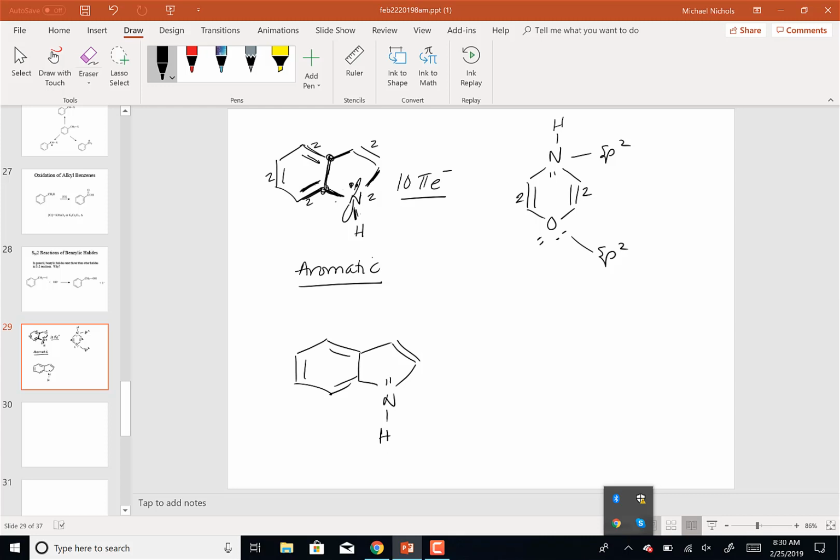But what happens then, Nicole? In other words, if this nitrogen becomes sp2, we've now got 2, and if this oxygen were to become sp2, it would throw in another 2, which would give us 8 pi electrons. So if this system was planar, it would have 8 pi electrons, which fits the 4n rule, and the system would then be anti-aromatic.